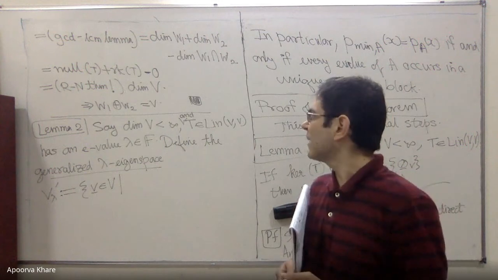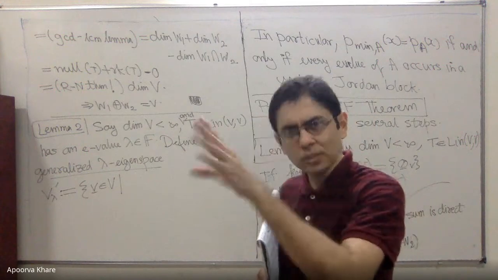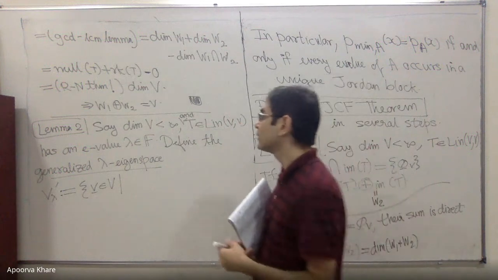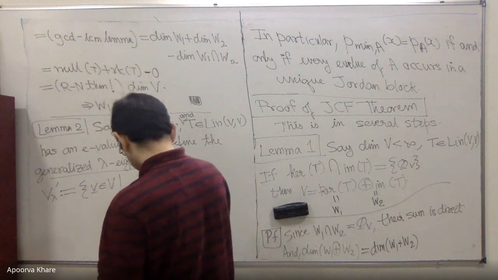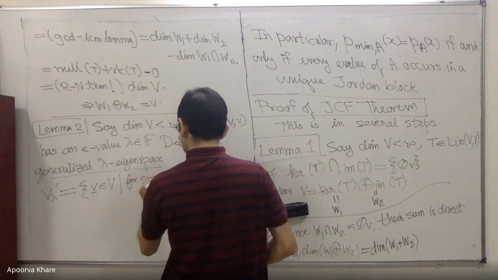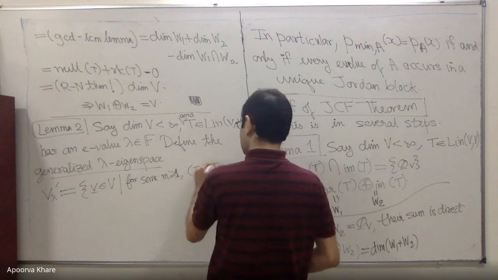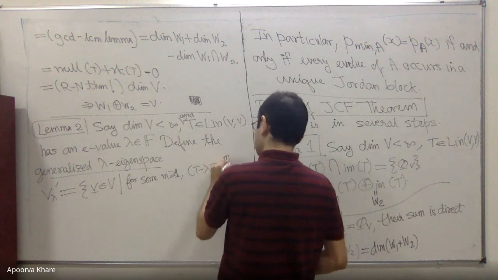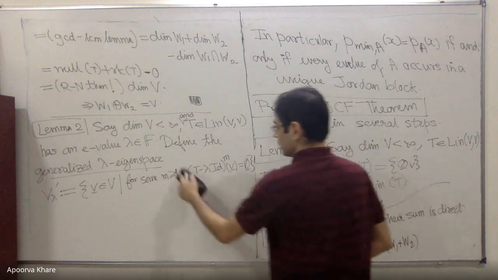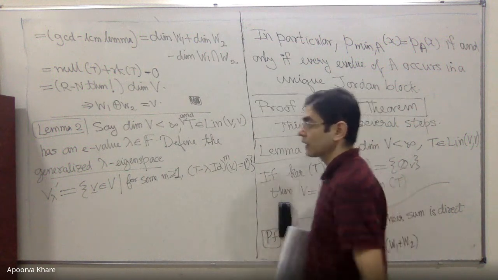We would say that (T minus lambda identity) times v is 0. Now I will say there is some integer power: (T minus lambda identity) squared of v is 0, or cubed of v is 0. There is some integer power such that that gives v equals 0. So for some m bigger equal to 1, (T minus lambda identity) to the m of v equals 0. Okay, that is the thing. This is called the generalized eigenspace.